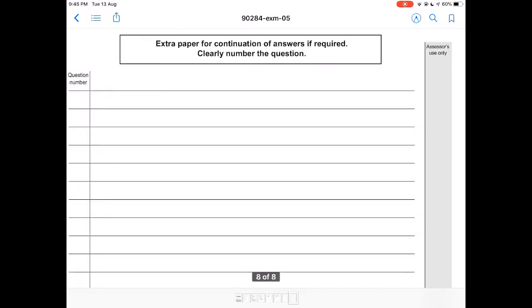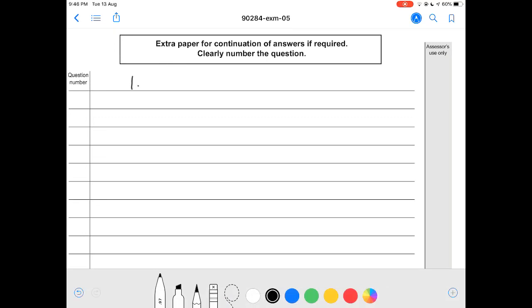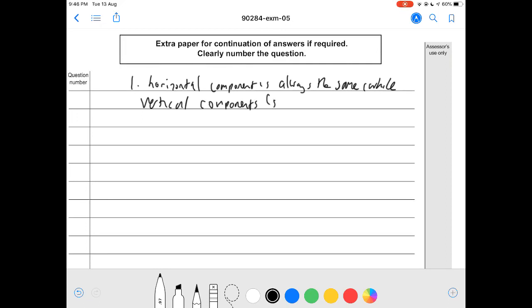Alright, so I'm back. Some important takeaways for projectile motion. Some very important points we need to remember, we'll just write these down. Number one, the horizontal component is always the same, while the vertical component is affected by gravity.